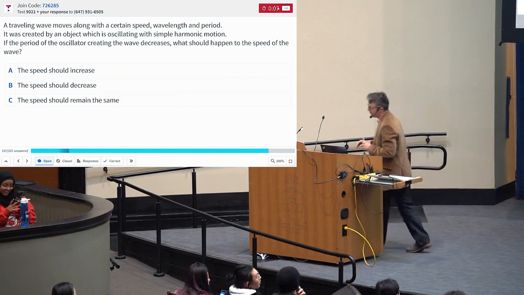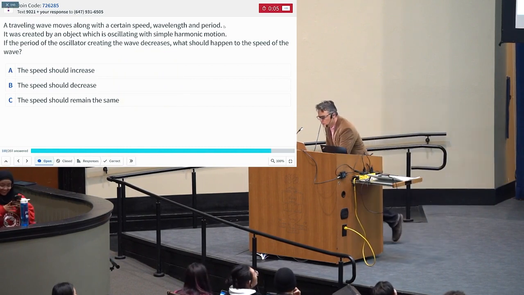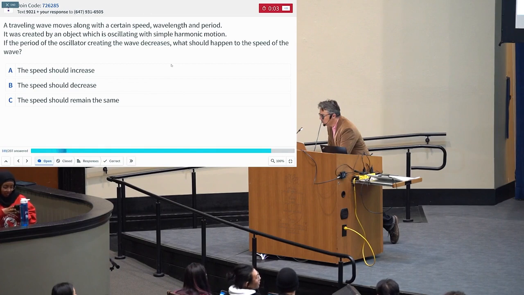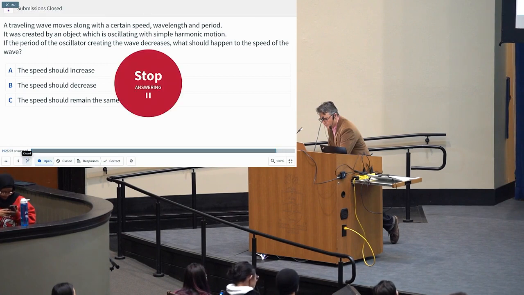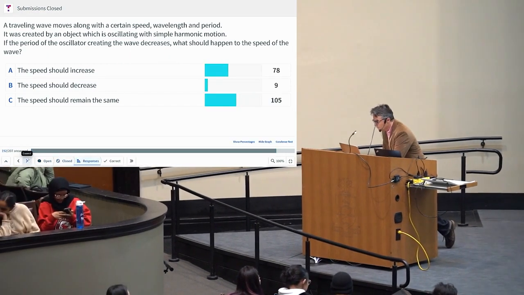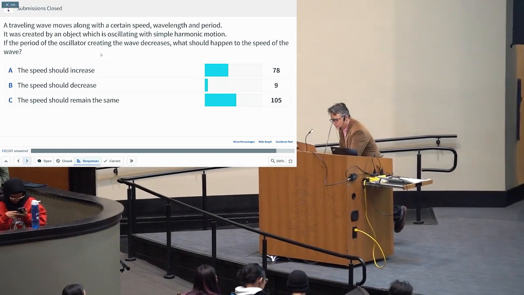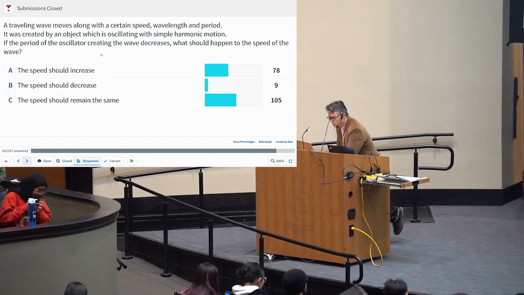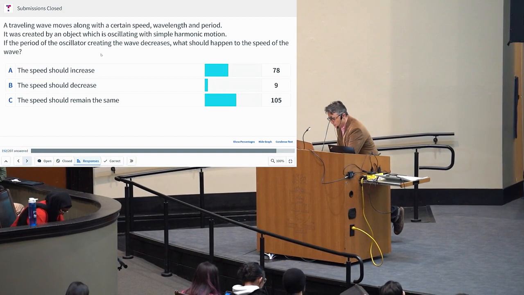Okay, survey says, split. Either the speed should increase or the speed should remain the same.